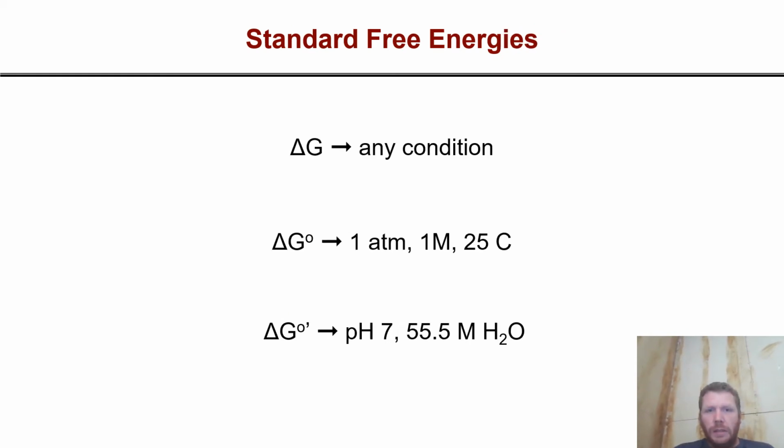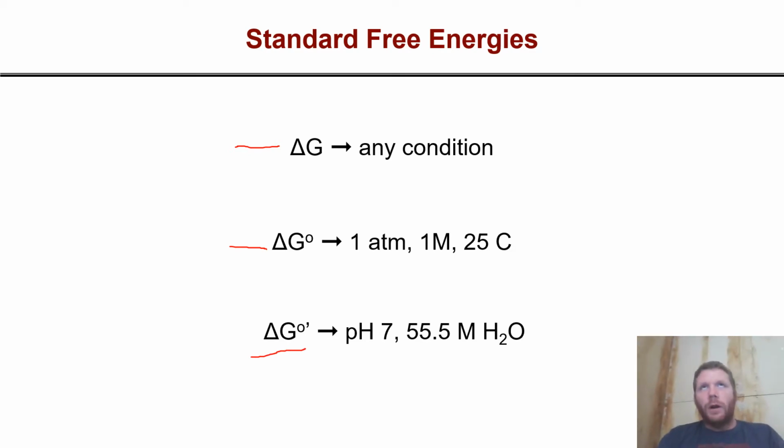So we have these to consider: delta G is for any condition, delta G naught is for standard conditions, and delta G naught prime, this last variable, is one other to consider.